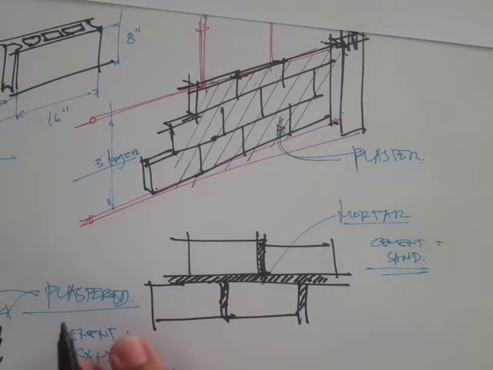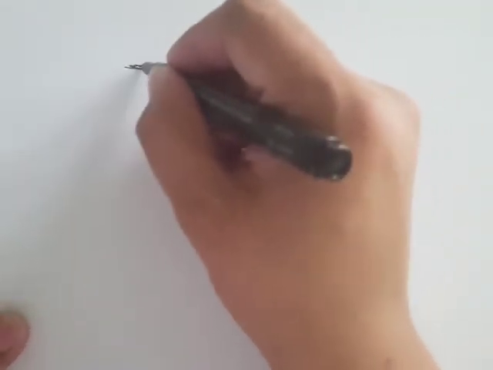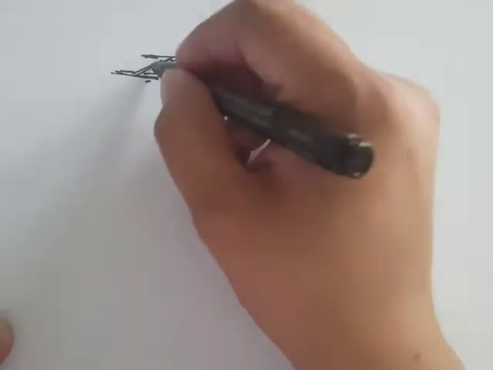Okay, so for the wall claddings on girt, which is common in steel structures or steel frame structures, let's say this is our steel columns.